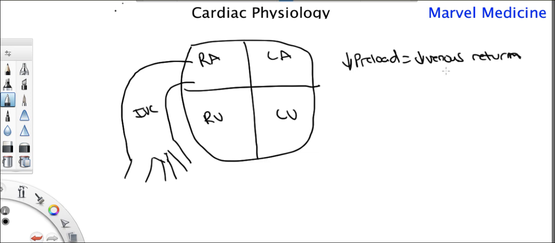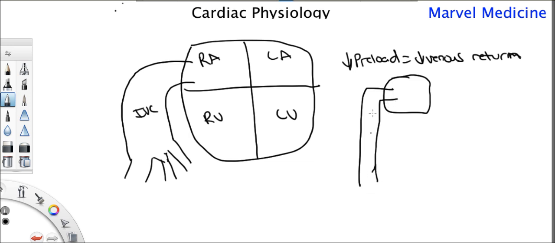Okay, the one thing that can be really helpful is whenever you think of the heart and the IVC and all the veins there, think of it as something that's just basically straight with gravity working. A pipe just like this, going into a tank here. That's exactly the way all the veins are and the tank here.